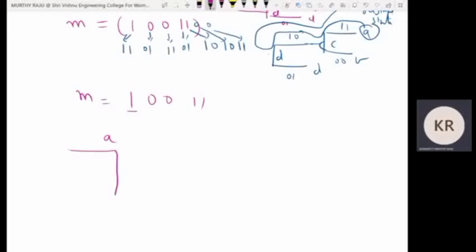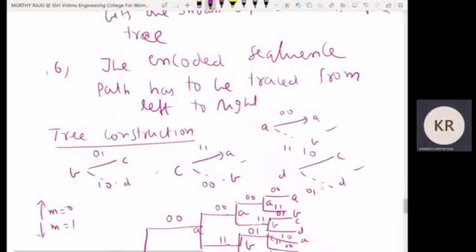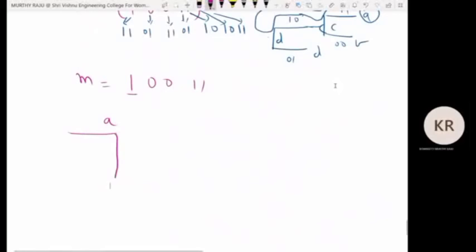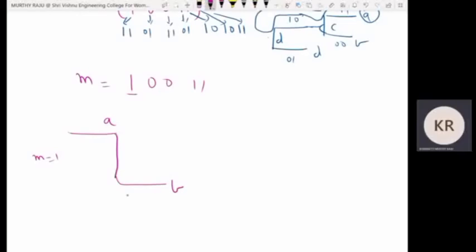Generally, the signal flow graph is A to A, A to B. Input bit is 1 means it goes to state B, because the downward direction represents M is equal to 1, with output 1 1. And again, state B is the initial state for the next level.